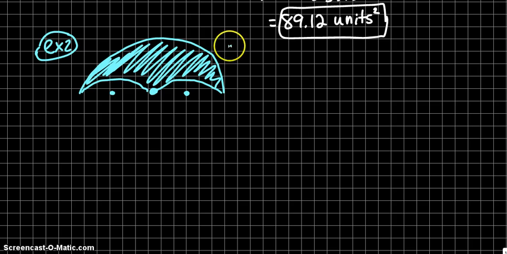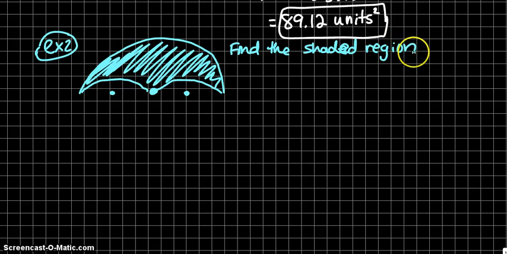This time the book is asking us to find the shaded region. Other information we know is that this distance right here is 2 centimeters, and this distance right here, that radius, is also 2 centimeters.